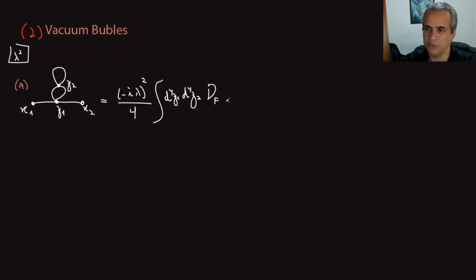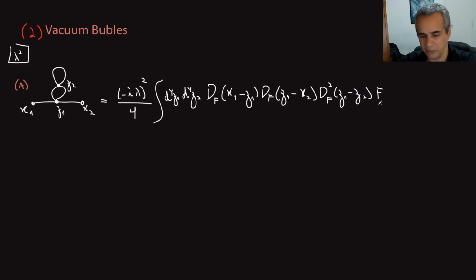And so the Feynman propagators: x1 to z1, propagator from z1 to x2, 2 propagators from z1 to z2, and then there is this propagator from z1 to z1, which is there. So this is the expression for this diagram.